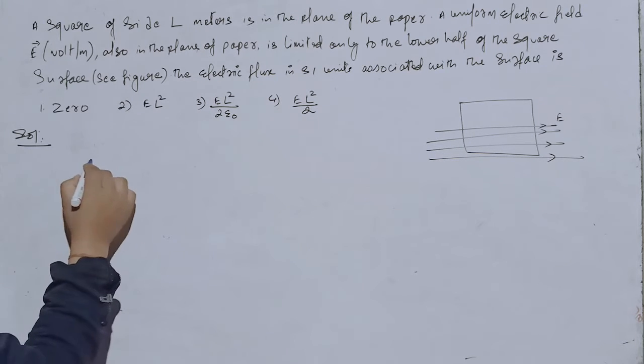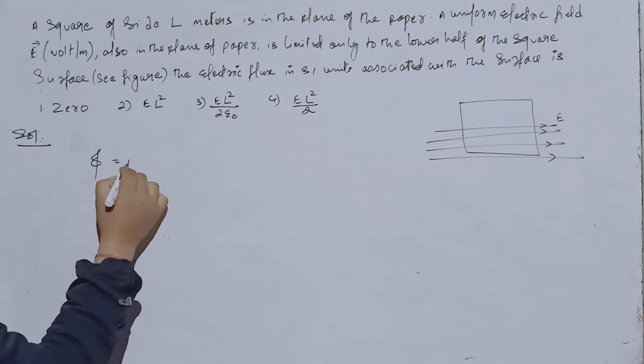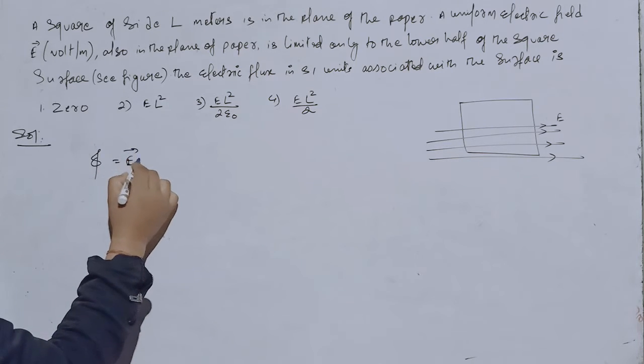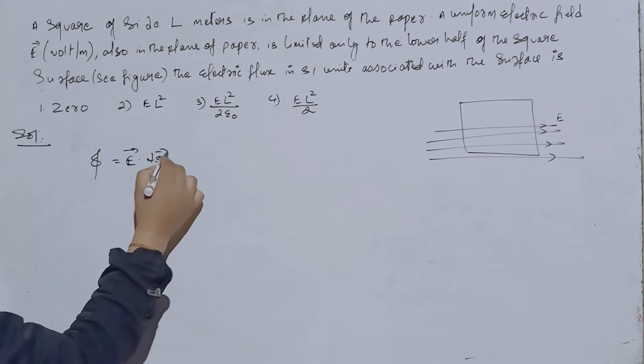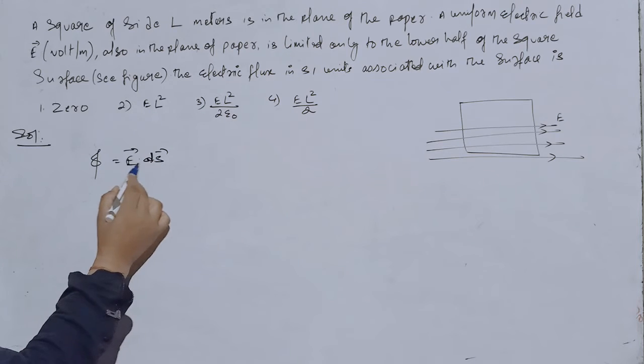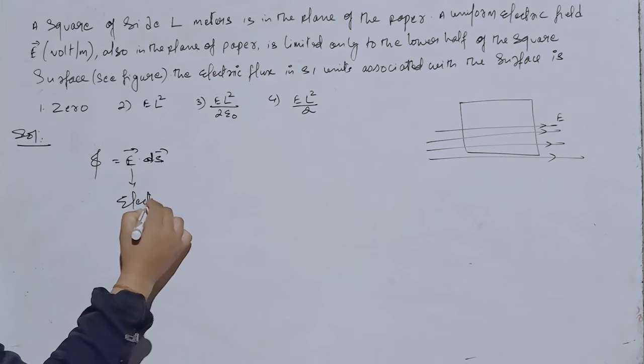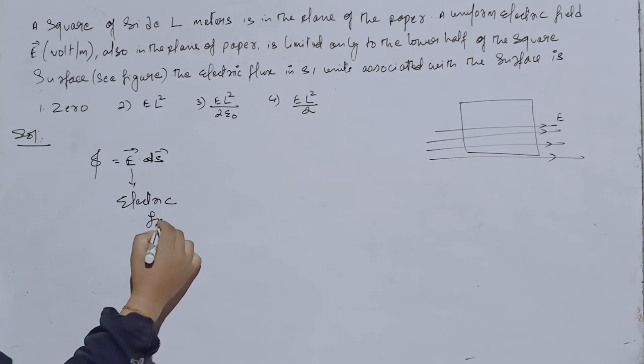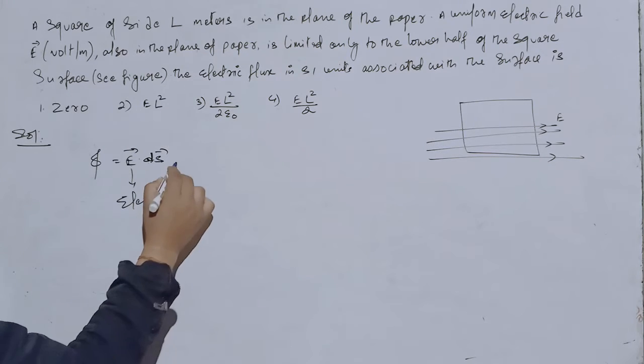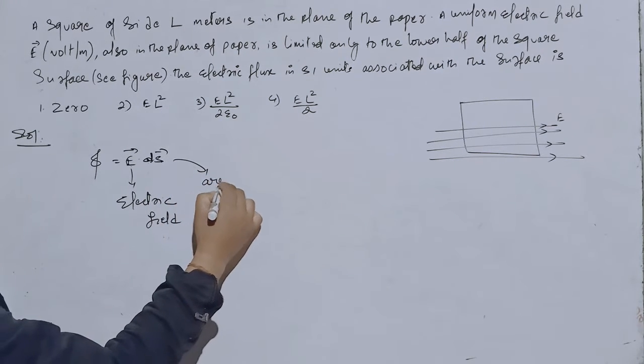The flux is given by the integral of vector E dot vector dS, where E is the electric field and dS is the area vector.